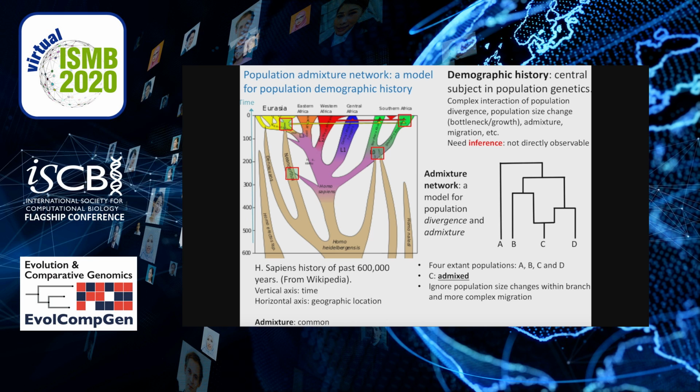It doesn't model more complex situations like population size changes within the same branch and other types of complex migration. The figure here shows four populations A, B, C, D, with time flowing from top down. The important thing to note is there's an admixture here that forms the population C. So C is admixed. This is the main model we are going to consider in this talk.